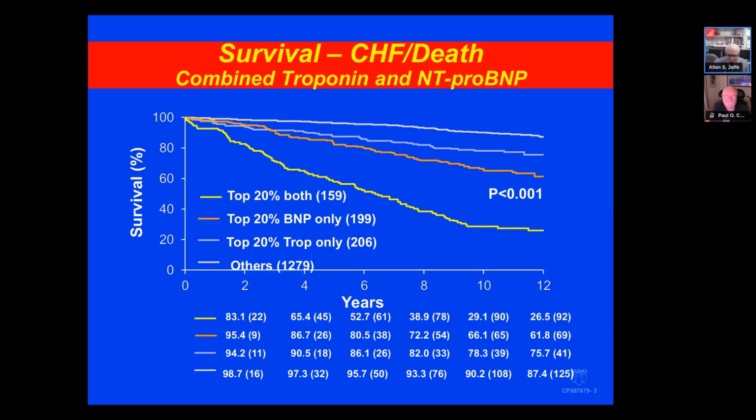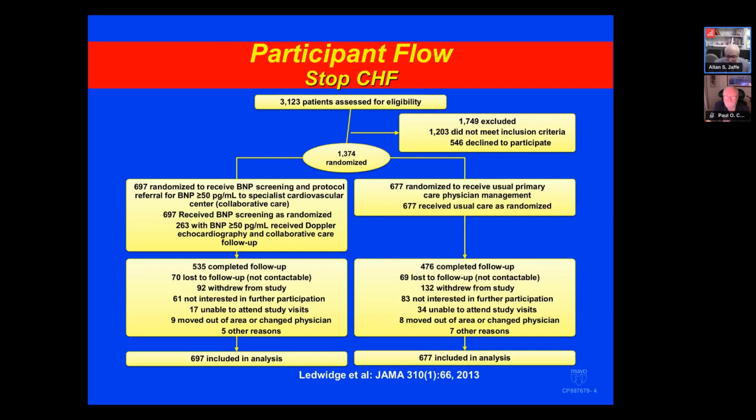Now, initially, it was not so clear what we would do with this, because although we could identify those patients, the question was, could we do something about it? And what has happened in the field that is extremely exciting is that we now know that there's something that can be done. The first such study was a study called STOP-HF, shown here.